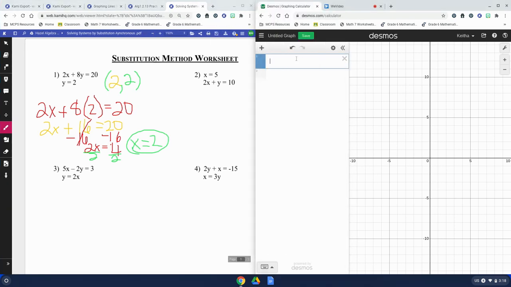I'm going to put in 2x plus 8y equals 20. That's one line. And my second line is y equals 2. Let's see, where do they intersect? Look, we're correct, 2, 2, right?